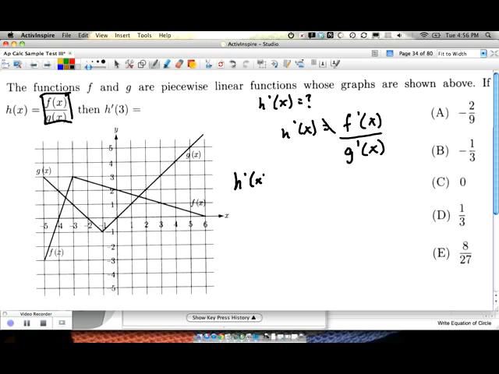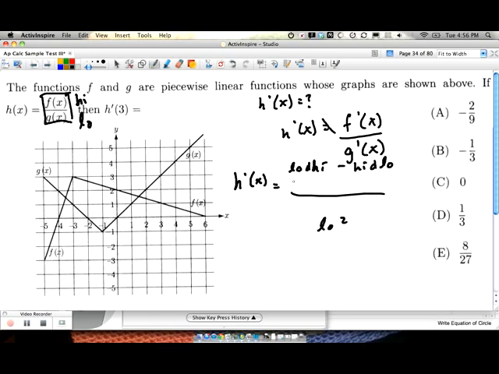So if we're going to find h prime of x, we're going to treat this like a quotient rule. Low d high minus high d low over low squared.